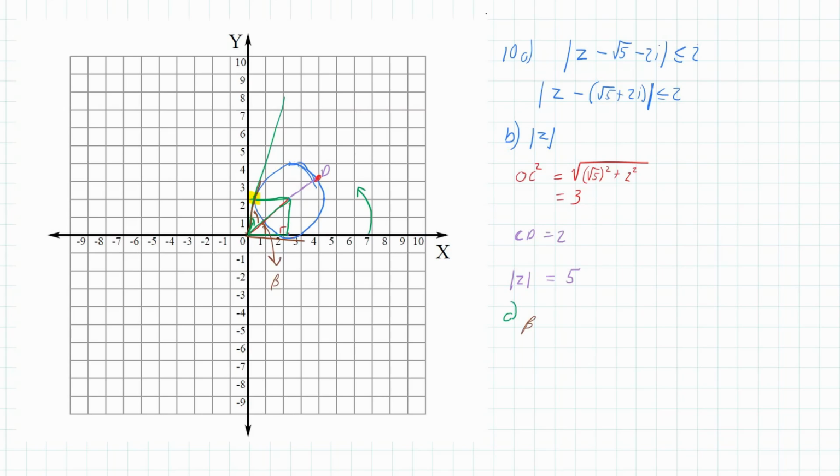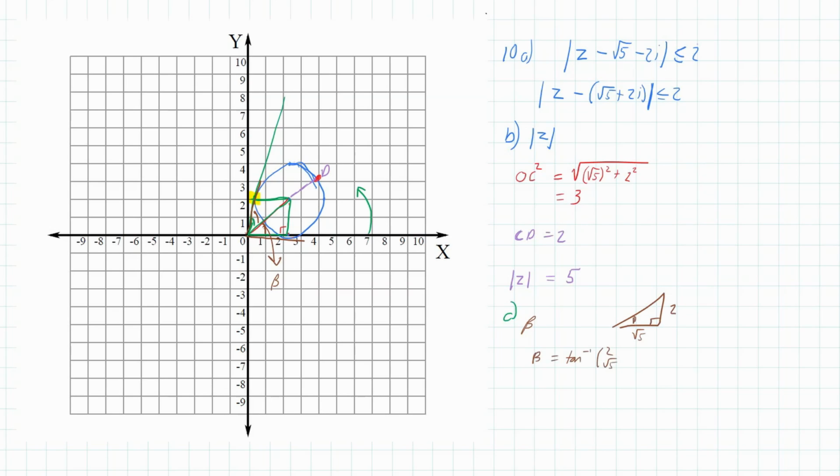How can we find out what that is? Well, it's a right angle. So this is what it looks like. That's our right angle. We want to know beta, which is there. What do we know? Well, we know that this height is 2, and we know that this here is square root 5. So we can go opposite over adjacent. So beta equals the inverse tan of 2 over square root 5.